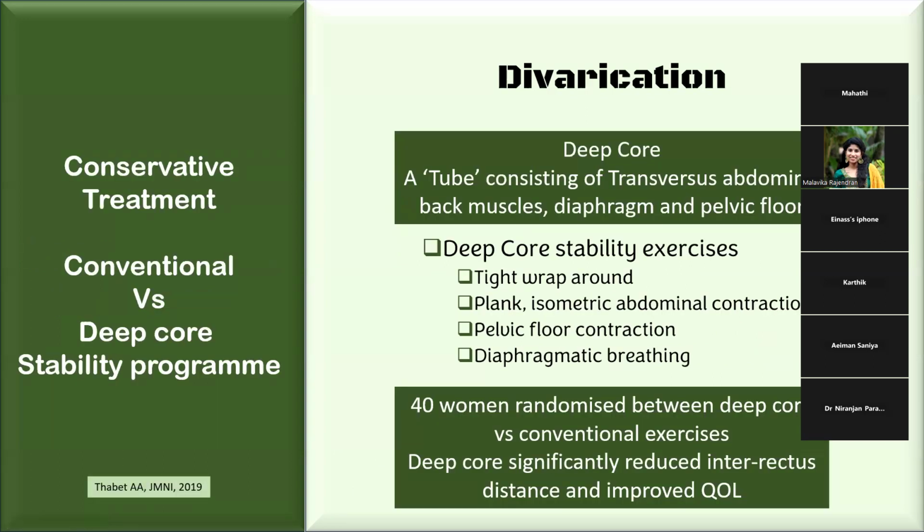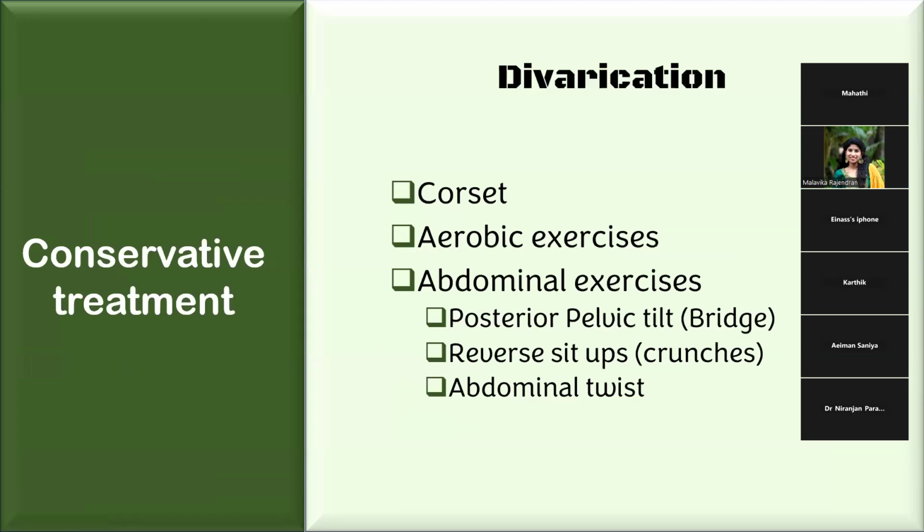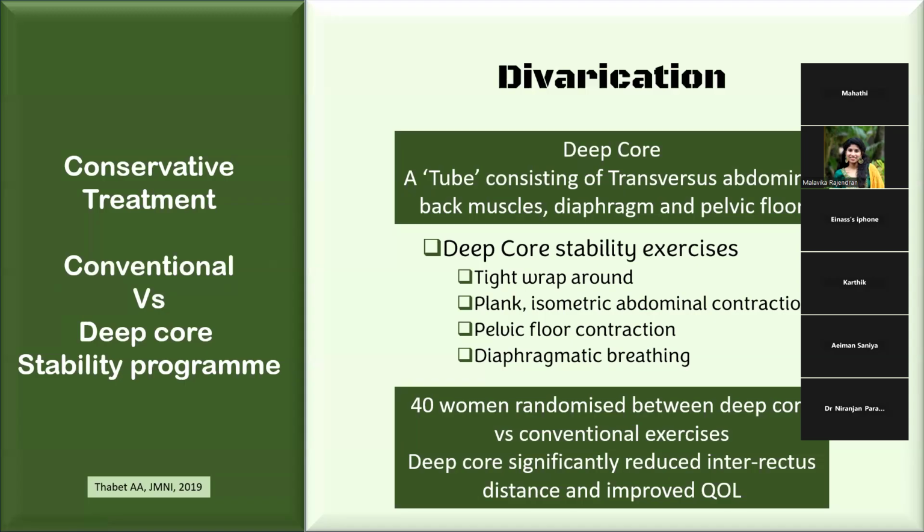Okay, but there is a concept of a deep core. How many of you know about the deep core? Anybody know without reading this slide? What is a deep core? Anybody? You don't know? I'll explain it. Okay.